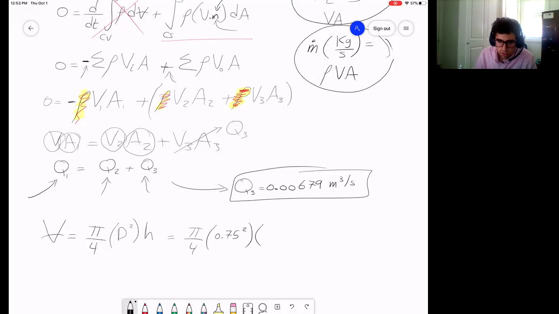We need to fill up 70 centimeters because 30 centimeters is already there. So what should I plug in? 0.7 meters. Yes, 0.7. I shouldn't plug in 1 because we already have 30 centimeters.